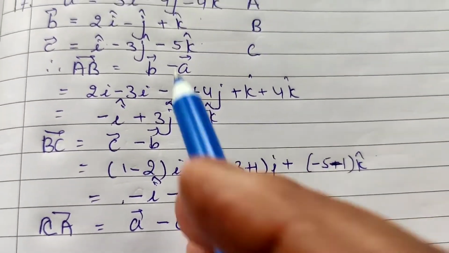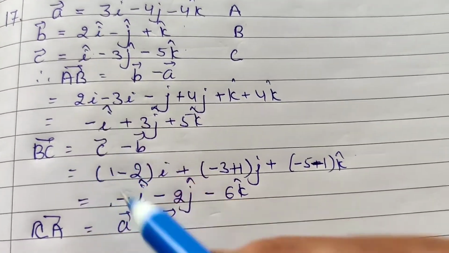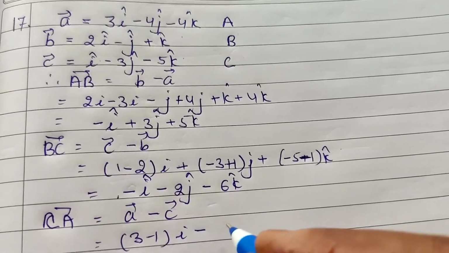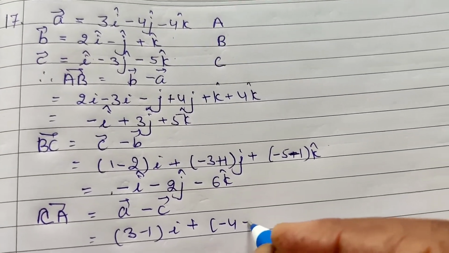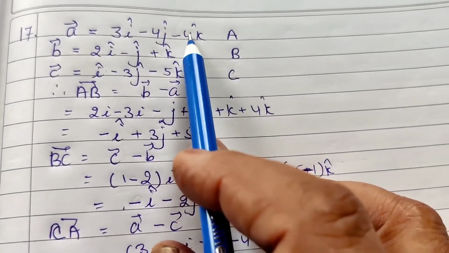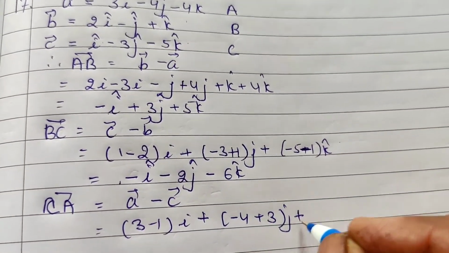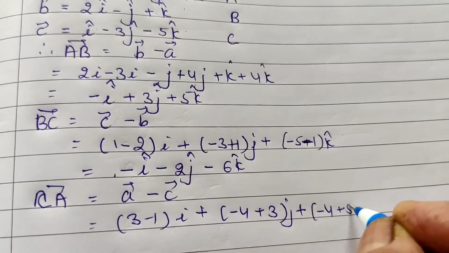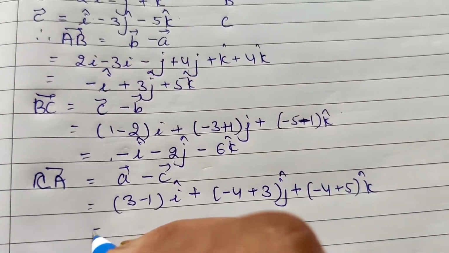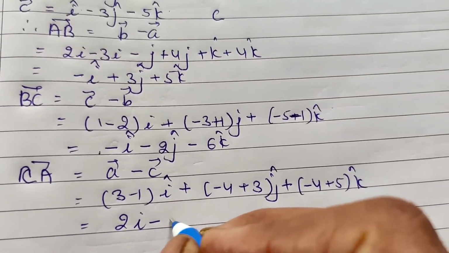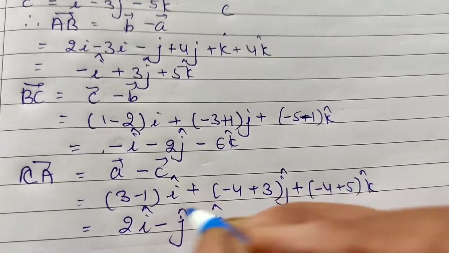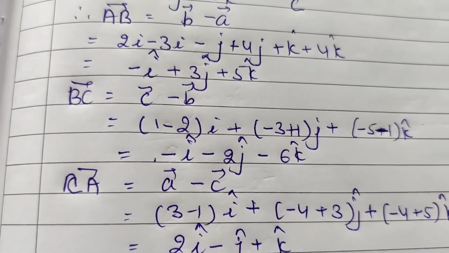So A minus C: 3 minus 1 i, plus minus 4 plus 3 j, just simple subtraction, and minus 4 plus 5 k. It is equal to 2i minus j plus k.